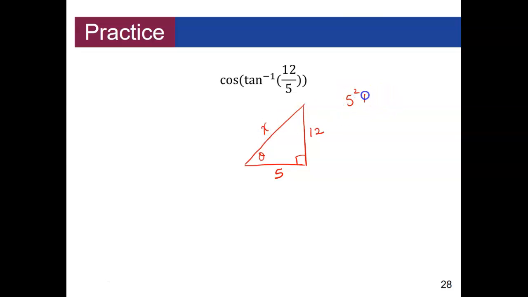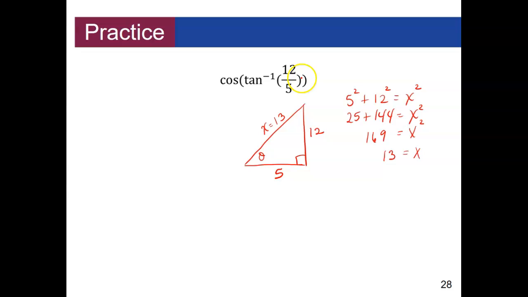So we're going to have 5 squared plus 12 squared equals x squared. So x squared is going to be 169. Take the square root of both sides. So x is going to be 13. And you may have recognized that as another one of those special triangles that we work with a lot.